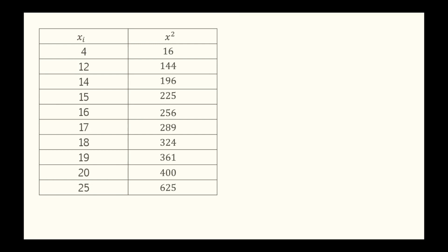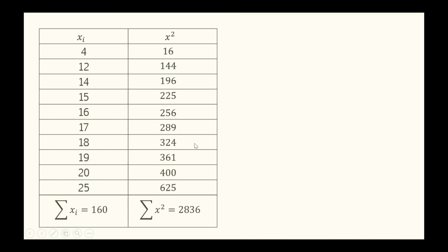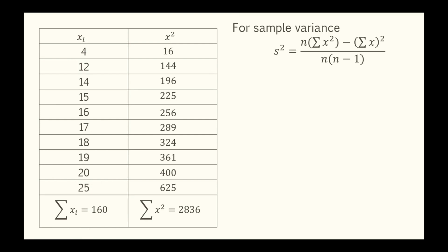So next is to get the summation of that. The summation of the first column is 160, and the summation of the second column, which is x squared, is equal to 2,836.